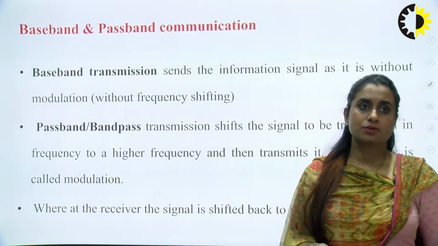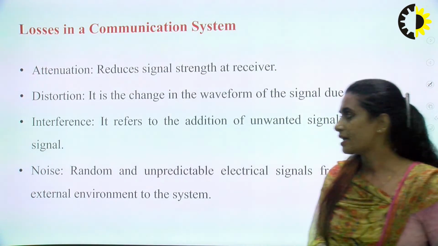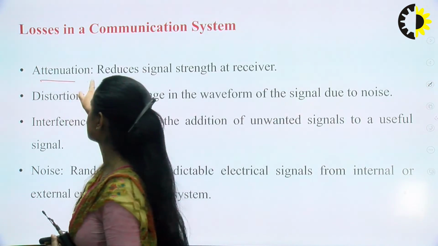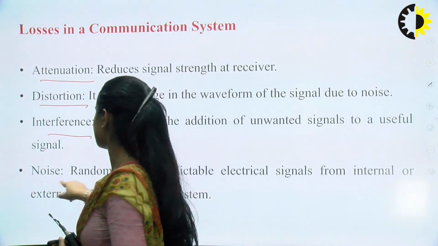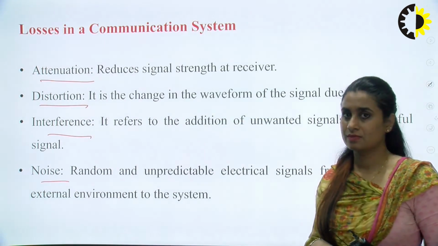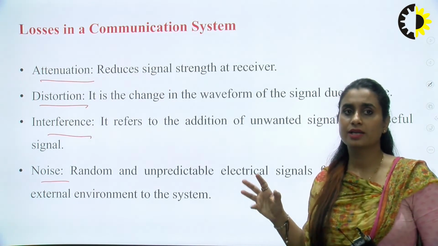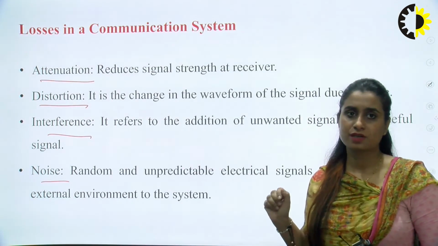Now, if I talk about the various losses in communication, these can be classified as attenuation, distortion, interference, and noise. What is attenuation? Reducing the signal strength. What is distortion? Change in the actual signal content or waveform or shape of the signal.